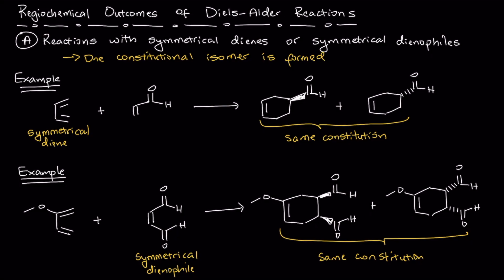We see here that we form the two stereoisomers where your two dienophile substituents are still cis, substituted on the ring, but there are now two possible stereoisomers in which you could have cis disubstituted dienophile substituents on the ring. Same constitution, so there's no regioselectivity that matters in this particular reaction.